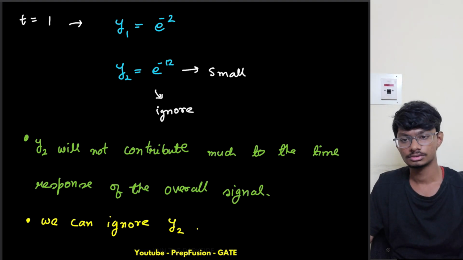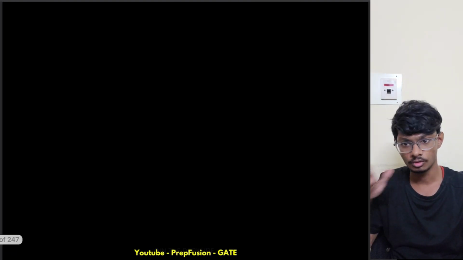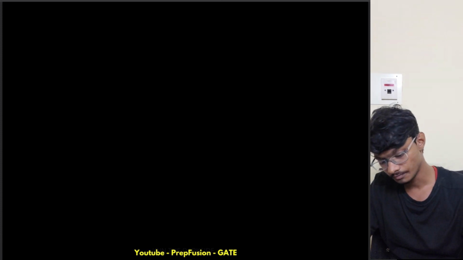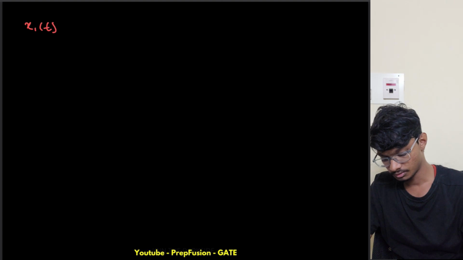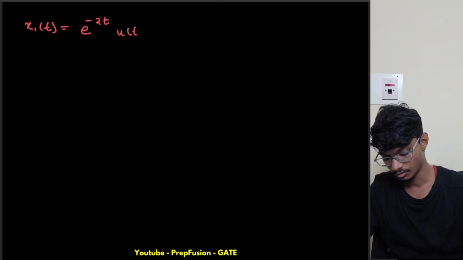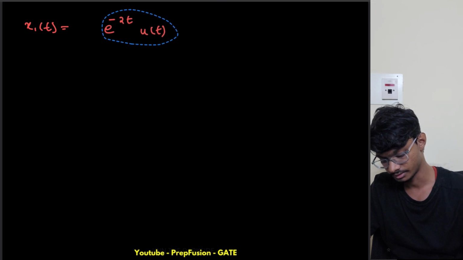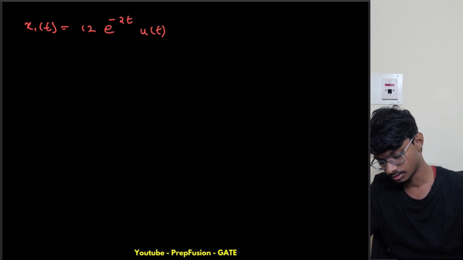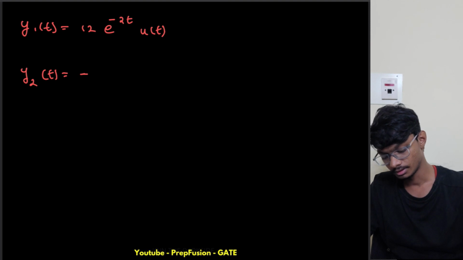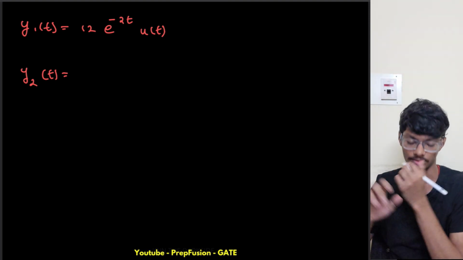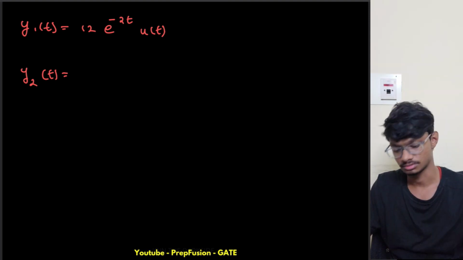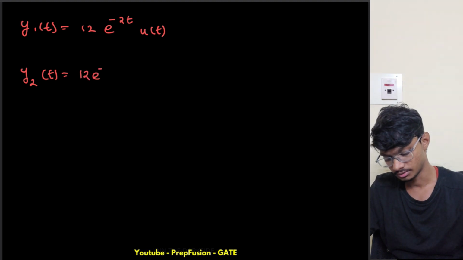So I'm plotting this here, so you will better understand visually. x1 of t equals e raised to power minus 2t u of t, and of course this is 12. I wrote this as y1 of t actually. Let me ignore the minus sign for now, I just want to know the magnitude, I care only about the magnitude right now.